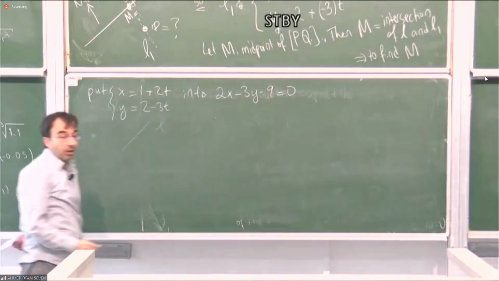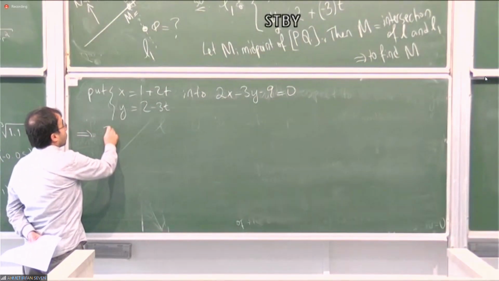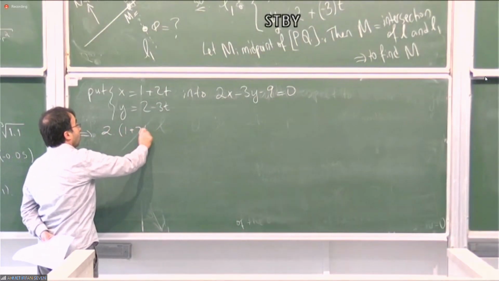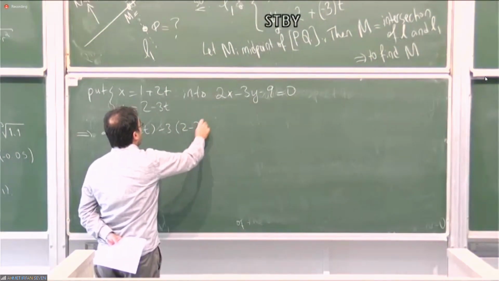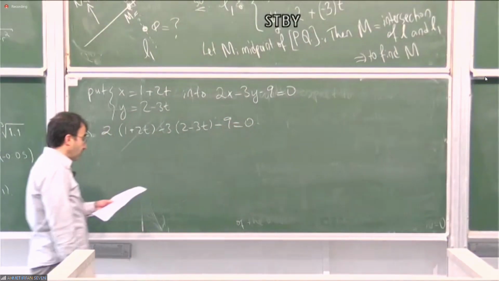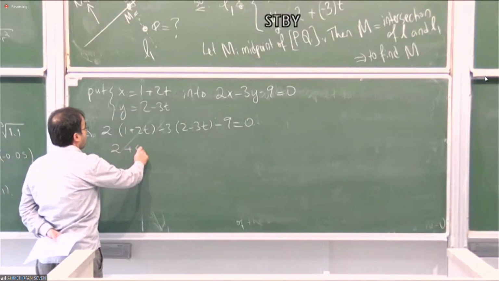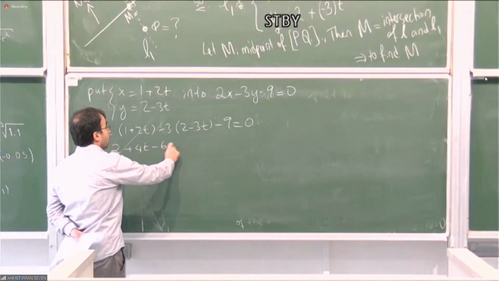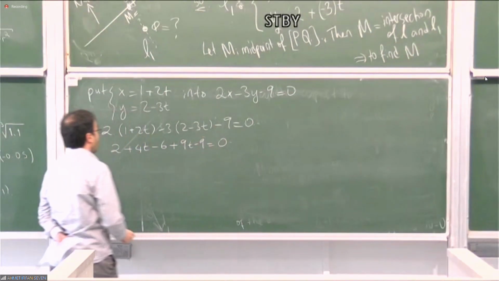This is how I find the intersection. So 2 times (1 plus 2t) minus 3 times (2 minus 3t) minus 9 is supposed to equal 0. Continuing, we have 2 plus 4t minus 6 plus 9t minus 9 equals 0.